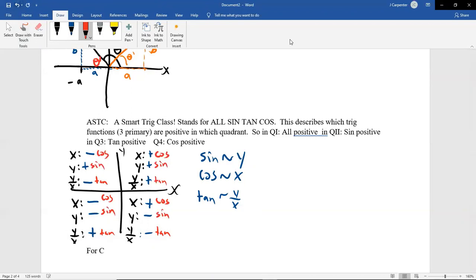So for cosecant, secant, and cotangent, just use reciprocal identities for the plus or minus aspects. Same for reciprocals.